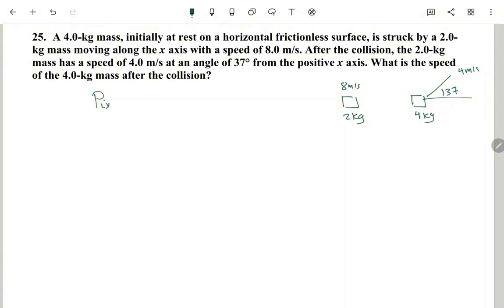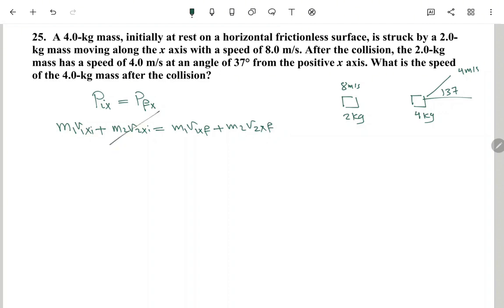P initial x equal to P final x. So m1 v1x initial plus m2 v2x initial equal to m1 v1x final plus m2 v2x final.